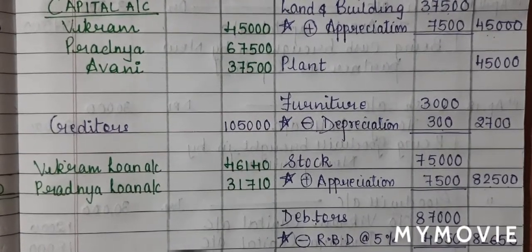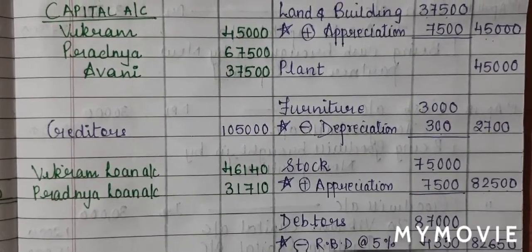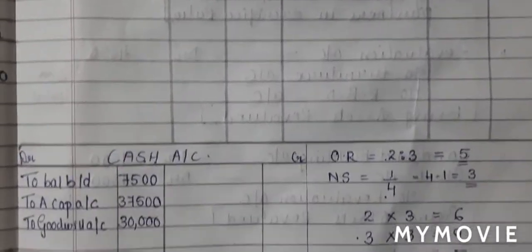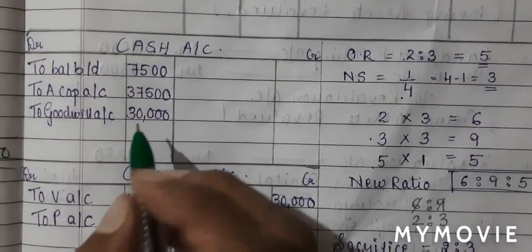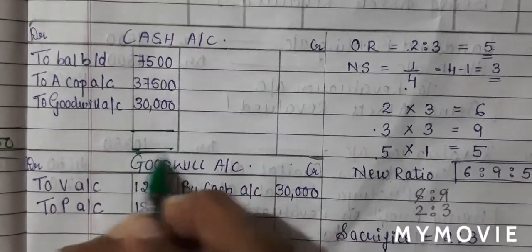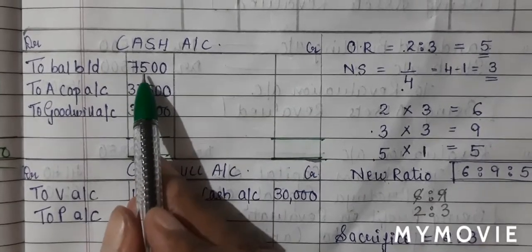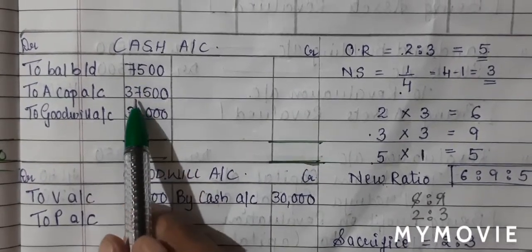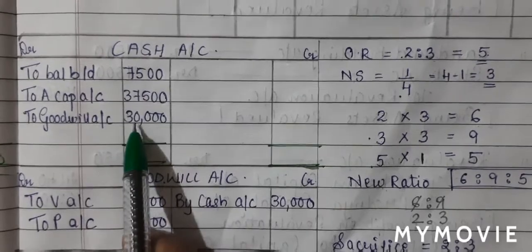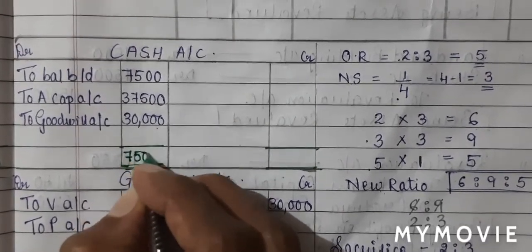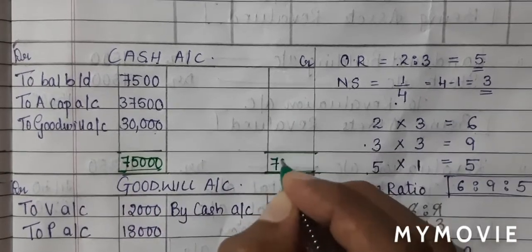But before I tally my balance sheet, I have to check my rough work. So let's come to our cash column and goodwill column. So if you look at cash column, I have a total on the debit side. Let's double underline on both the side. So 7,500 plus 37,500 plus 30,000. So I get a total of 75,000. It's just a rough work.